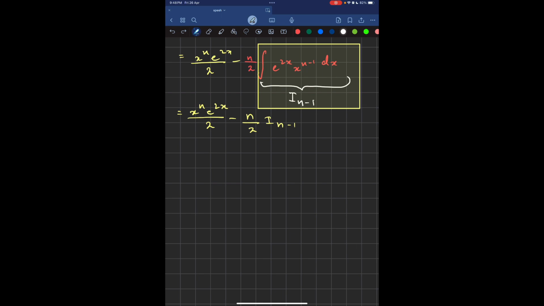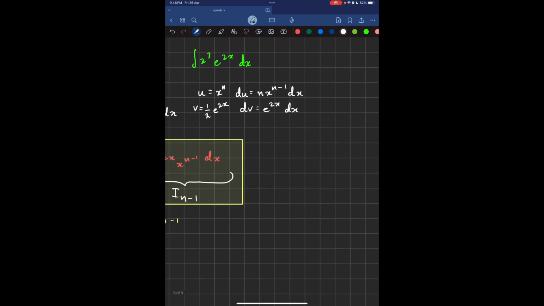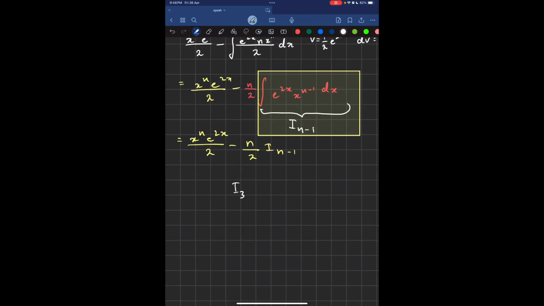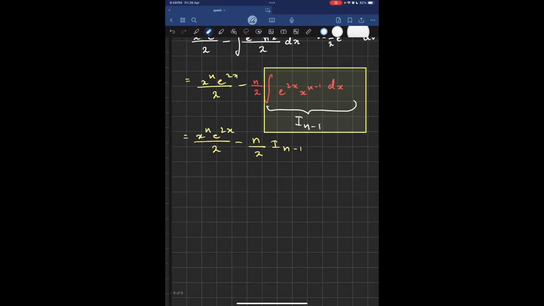That means here we would need to find I3. But in order to find I3, we need to find I2, because here it would simplify to I2. Now, in order to find I2, so when n is equal to 2, we would need I1. And we'll see this as we expand and simplify later on.